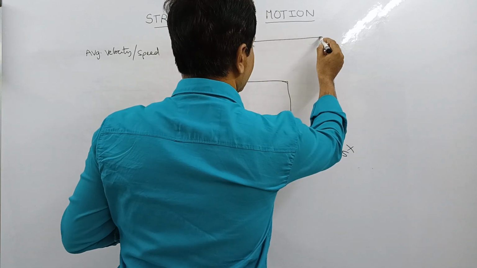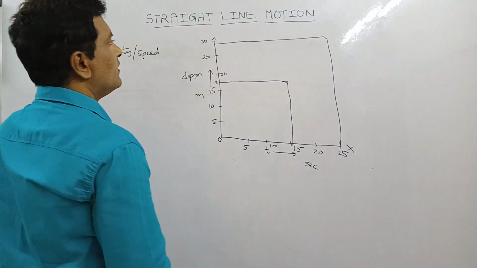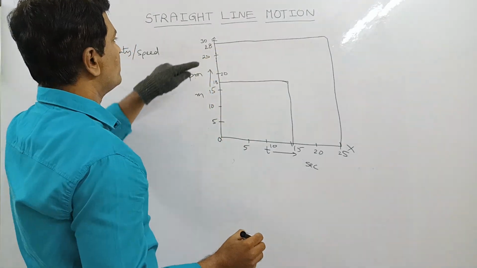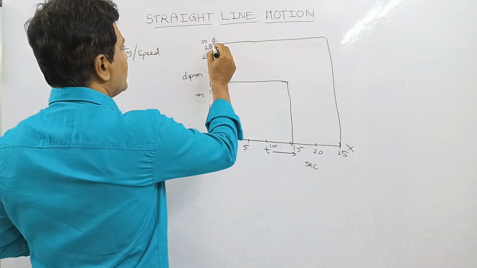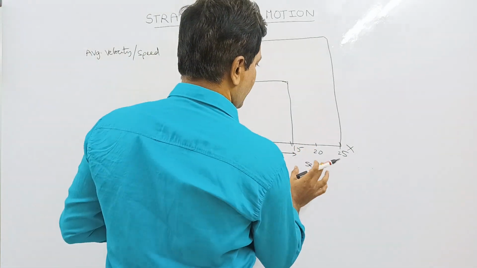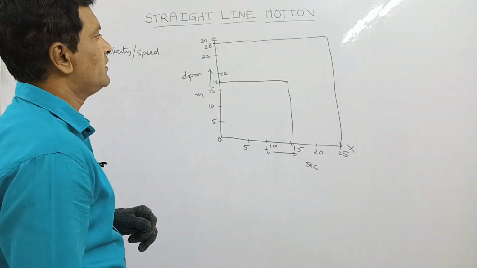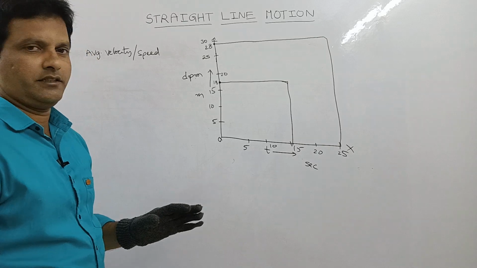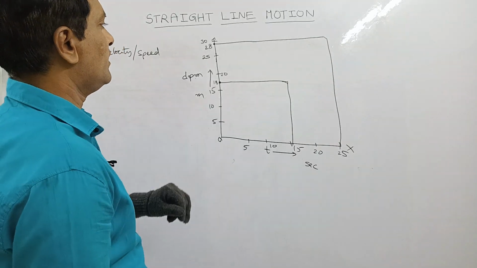Drawing a straight line needs some skill. Here, suppose between 25 and 30, the point I have taken is 28, this is 18. And this time limit is 15, 25. So here what is the average velocity? We need to get the average velocity from this graph.